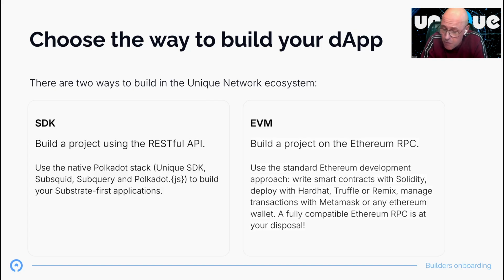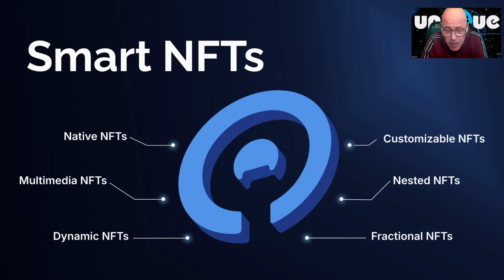I just have to clarify one more thing before I pass it to Max. Unique Network is a chain optimized for NFT features: nesting, dynamic NFTs, composable NFTs, refungible NFTs.